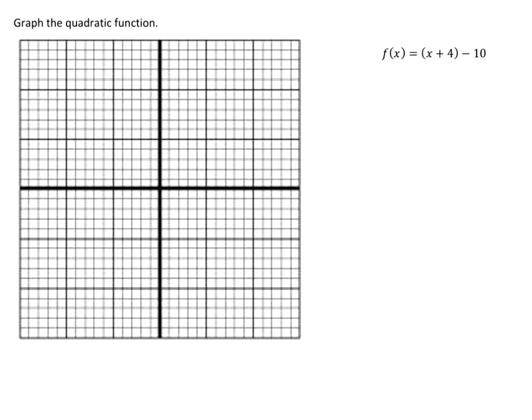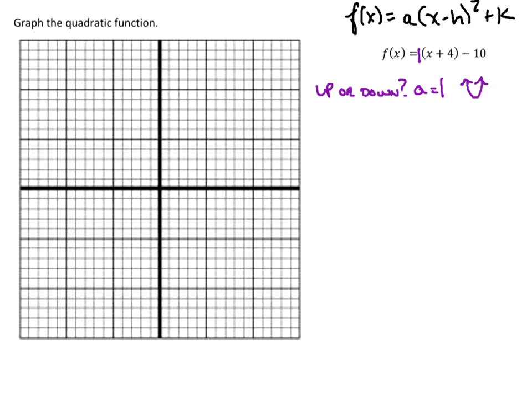Okay, so we have a couple of practice problems here. This first one is in vertex form. And I'll just remind you that f of x equals a times x minus h squared plus k. The first thing we want to do is determine if this opens up or down. And a is understood to be positive 1. So a equals positive 1, so this thing opens upwards.